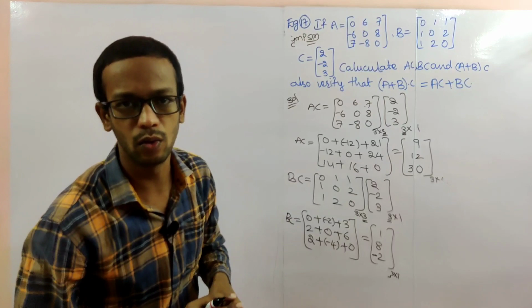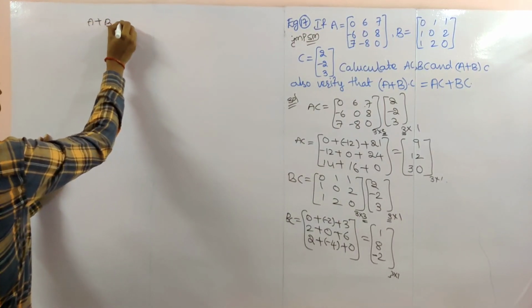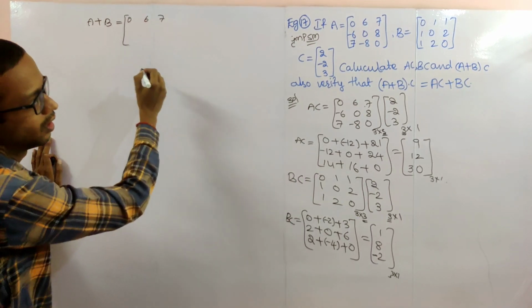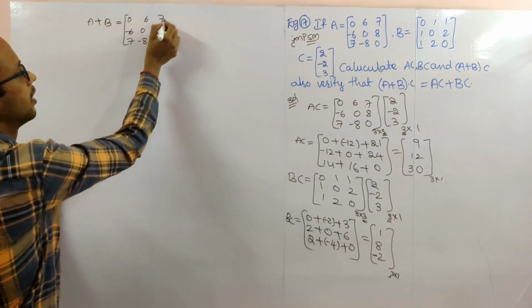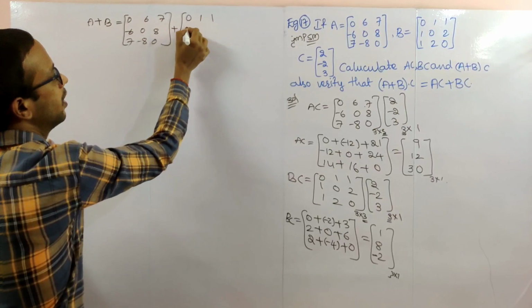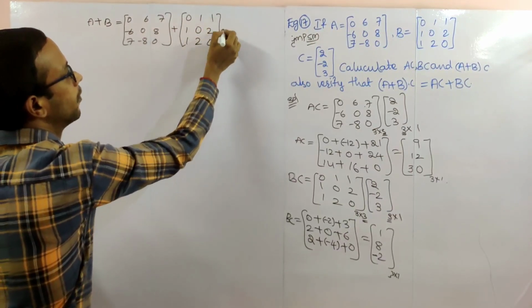A plus B into C. A plus B we have to find first. So what is the A matrix? A matrix is 0 6 7, minus 6 0 8, 7 minus 8 0, plus 0 1 1, 1 0 2, 1 2 0.